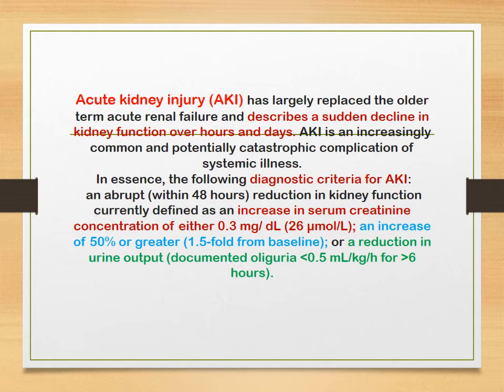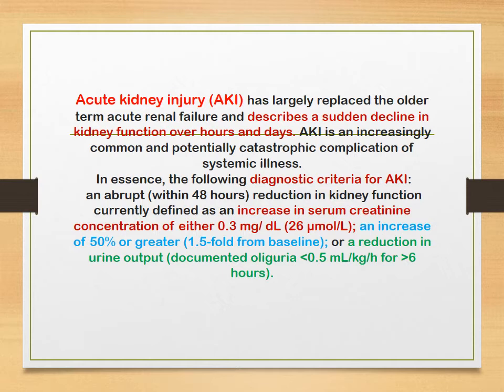It is an abrupt reduction in kidney function within 48 hours, reflected by an increase in serum creatinine of about 0.3 milligram per deciliter every 2 days, or an increase of about 50% of the basal. That means when we measure creatinine, for example 1.2, and after 2 days it is increased by 50% of 1.2 milligram per deciliter, it is referred to as acute kidney injury.